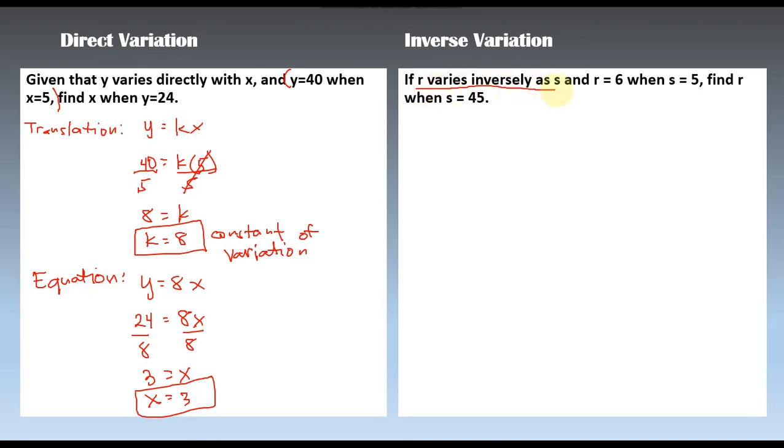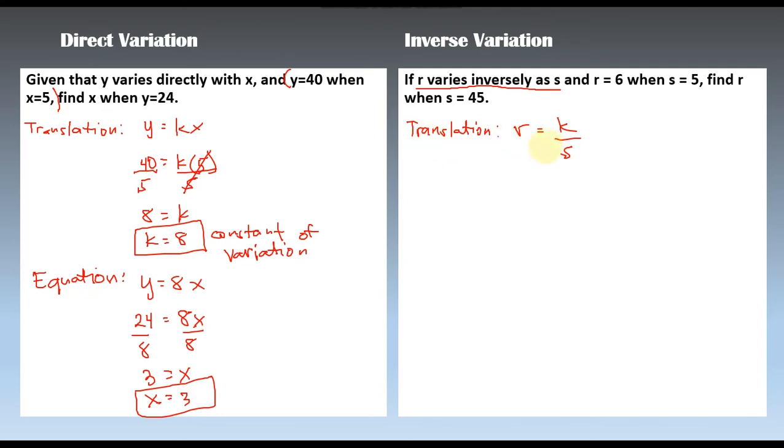Translate your statement: R varies inversely as S. So we have R varies means equals K, and inversely means you need to divide K by S. Now we have our mathematical translation.